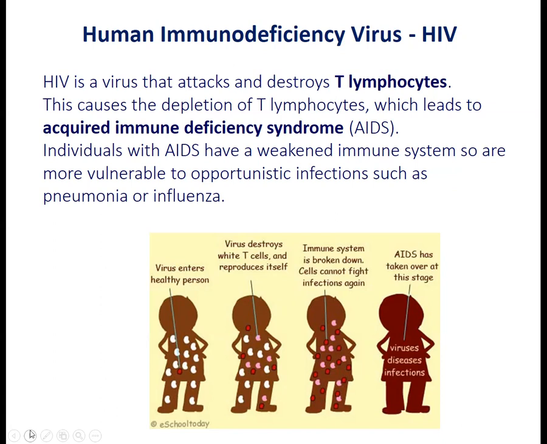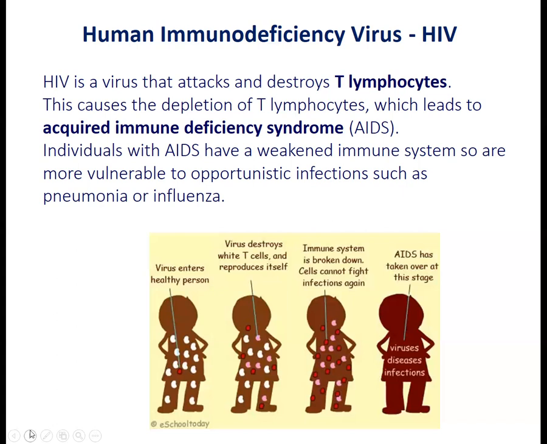What happens over a period of time is that the HIV virus, because it's attacking and destroying some of your T lymphocytes, leads to a depletion or a shortage of T lymphocytes. When you have a shortage, this can lead to AIDS.